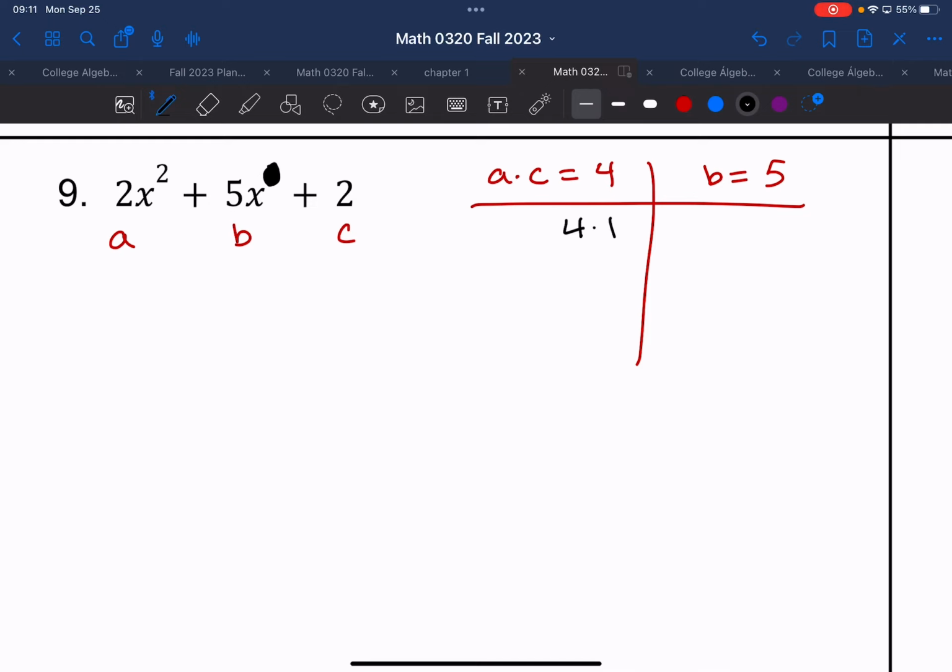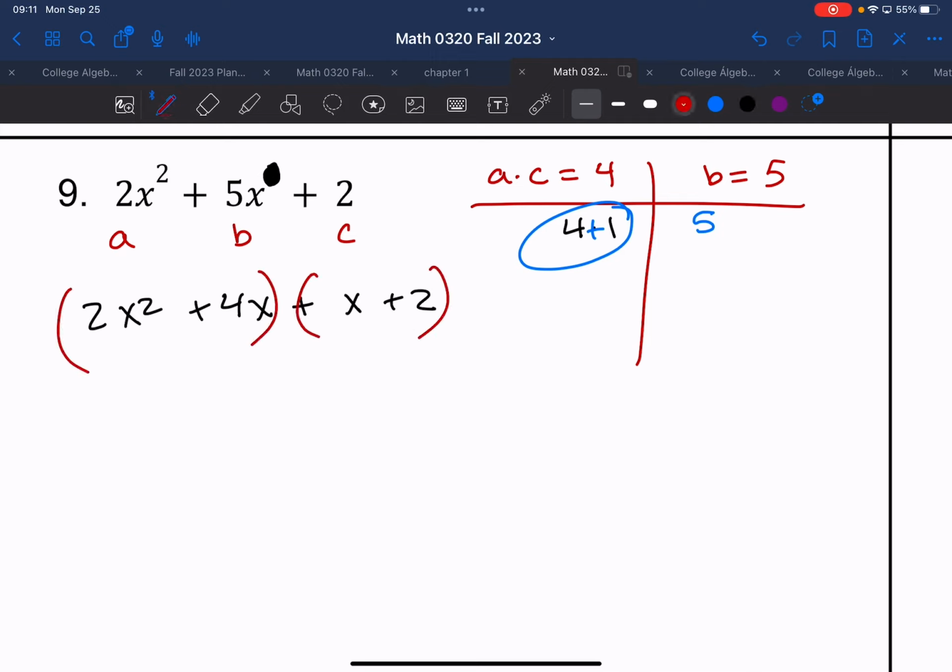4 times 1, good, because if I add that, it gives me 5. So I have 2x squared plus 4x plus x, because I don't need to write 1x, plus 2. Draw my parentheses and start taking out my GCF.